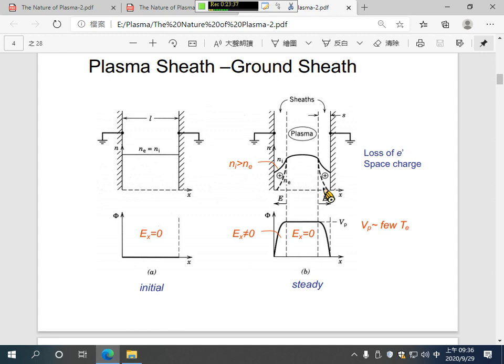So the flux of electrons is proportional to the density of electron times velocity of electron. This is the electron flux. And the ion flux is proportional to the density of ion times velocity of ion.